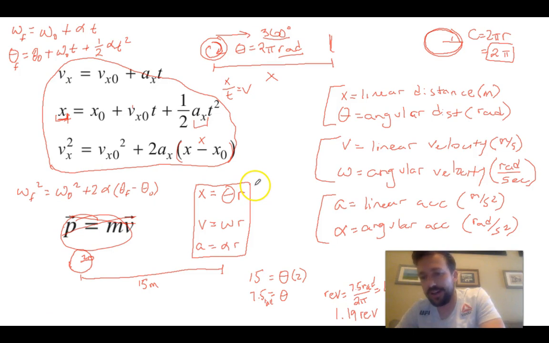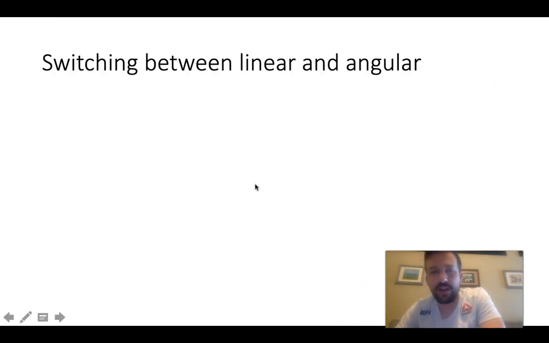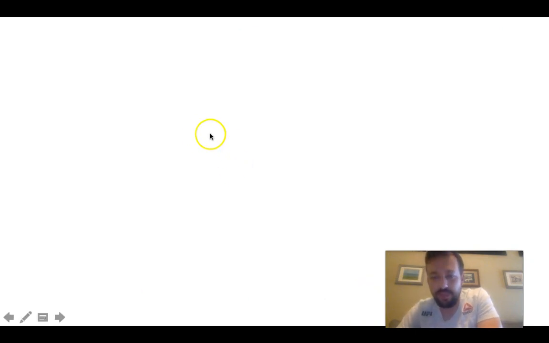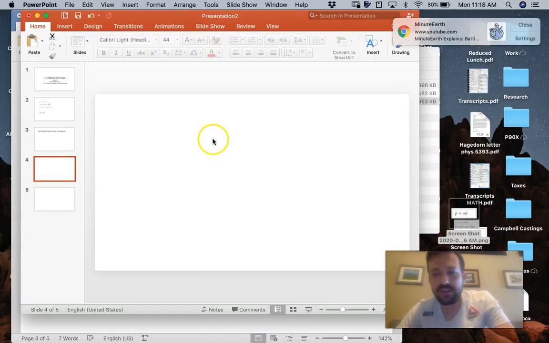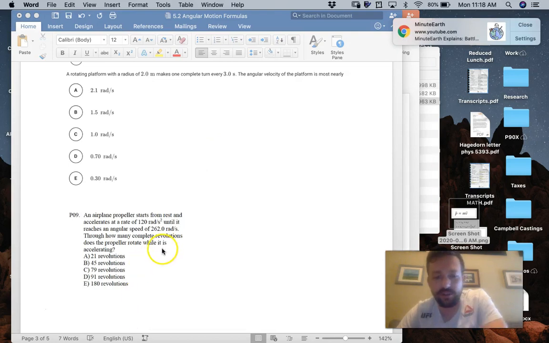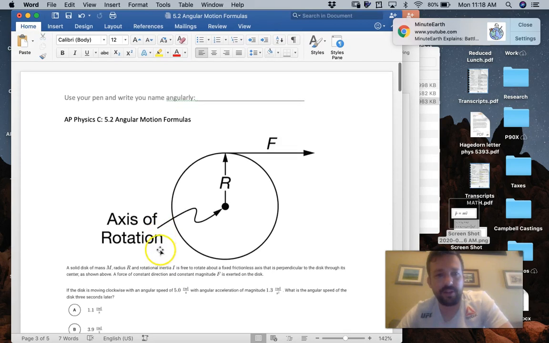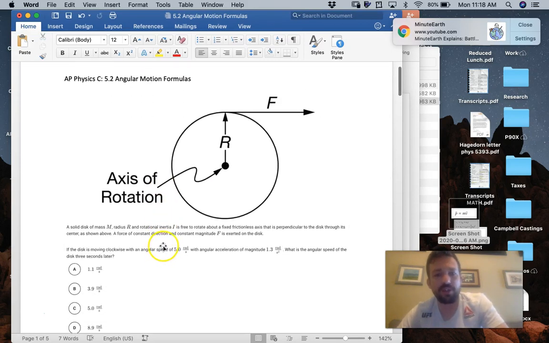So let's try a couple problems. Actually, let's look at the worksheet. I think that's the easiest way to do stuff. This is the worksheet that we have.